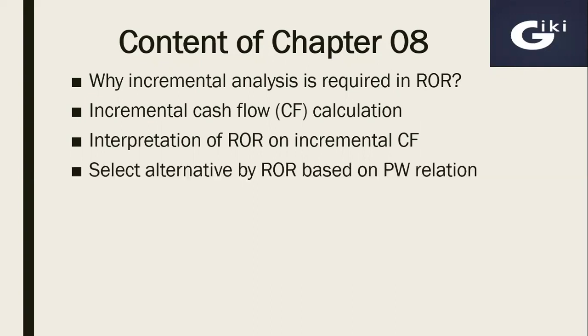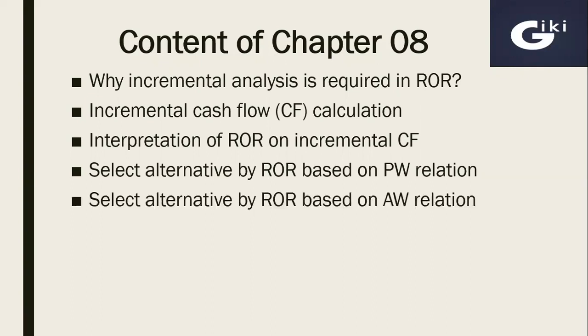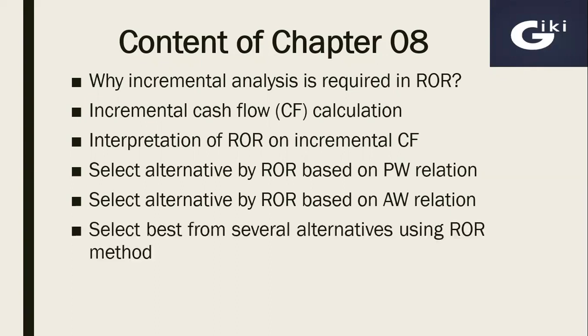Then the next topic will be how to select alternatives by rate of return based on present worth relation, and how to select alternatives by rate of return analysis based on annual worth relation. Finally, how to select the best from several alternatives using the rate of return method.